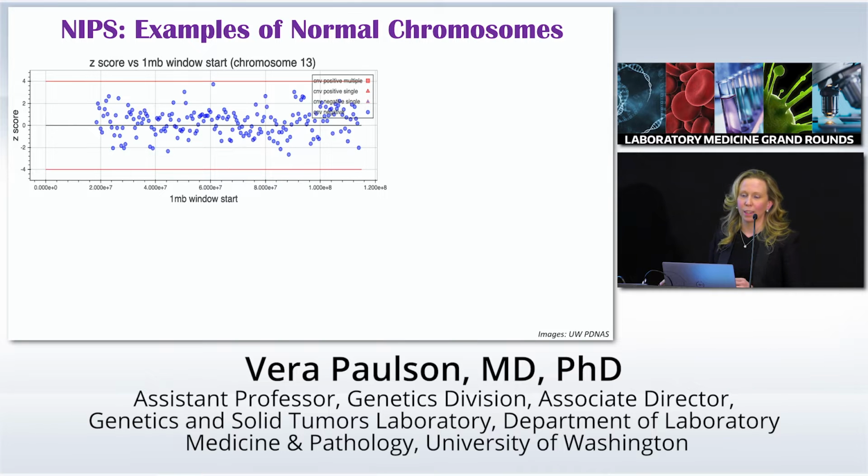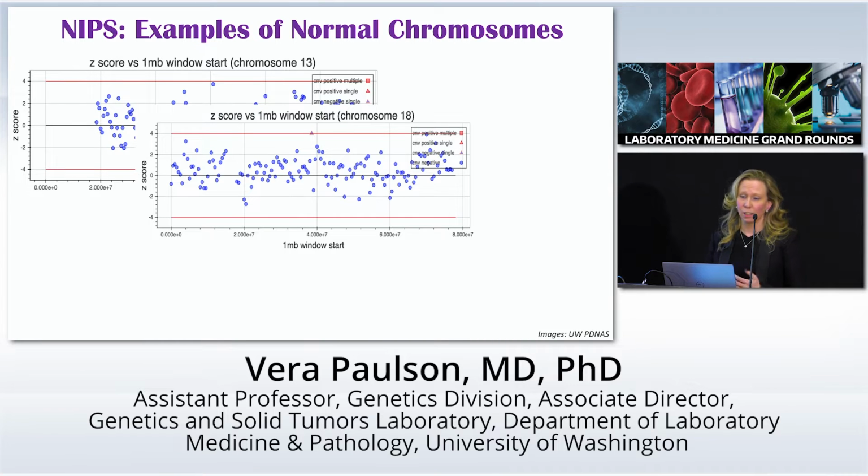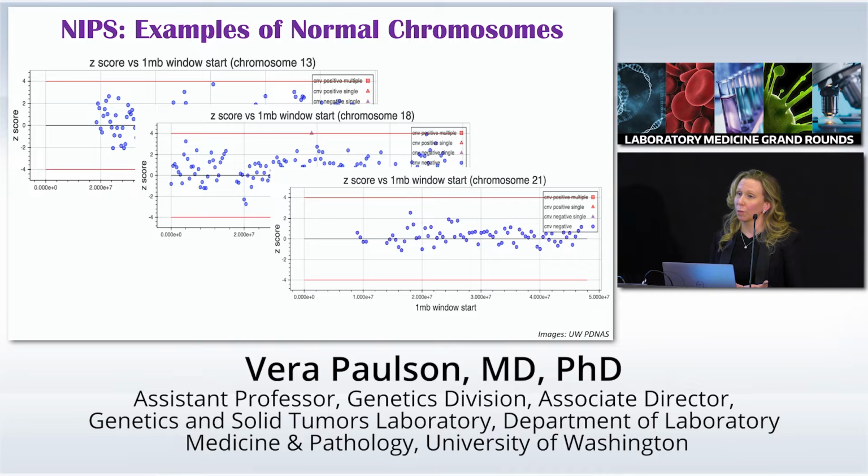And the way that we look at this, each one of these is a copy plot, very similar to what I showed you with the Oncoplex copy plot, oriented from proximal to distal on the chromosome, and each one of these is a 1 megabase bin, and they're overlapping. And you're looking for these to all cluster around the 0 line here in the center. So this would be an example of a normal chromosome 13, and a normal 18, and a normal 21.